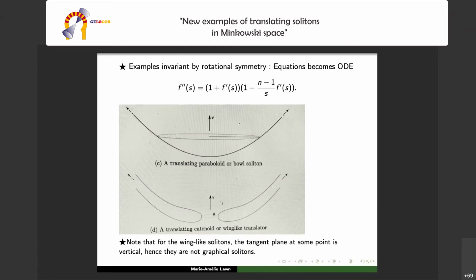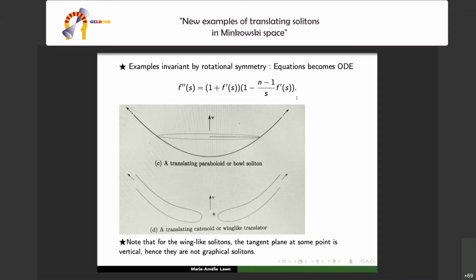It's not graphical, as you can see, because here it's tangent to the horizontal axis, but it's made of two graphical solitons glued together. And this was a result, I believe, by Clutterbuck, Schnürer, and Schulze. And so it can be shown that those are the only translating solitons which are rotationally invariant.